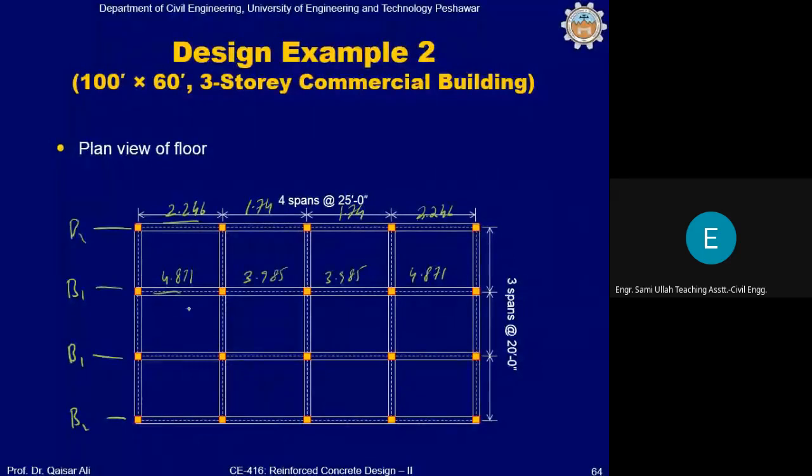So you can put the same values here: 4.871, 3.985, 3.985, 4.871. Similarly write the values here: 2.246, 1.74, 1.74 and 2.246. So what does it mean? It means that you have transferred the load from the slab to the beams running along the longer direction. We have calculated the load on all beams running along the longer direction.